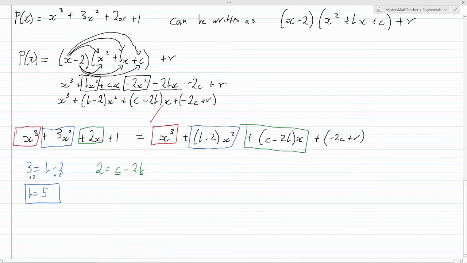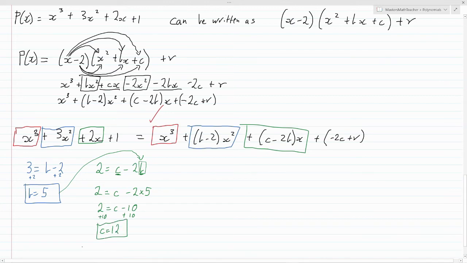Okay, so we have 2 missing variables, but we actually just found out what b is. So we can substitute that in so that we can find our c. So 2 equals c take 2 times 5. So 2 equals c take 10. Then we can solve it. Plus 10, plus 10. So c equals 12.